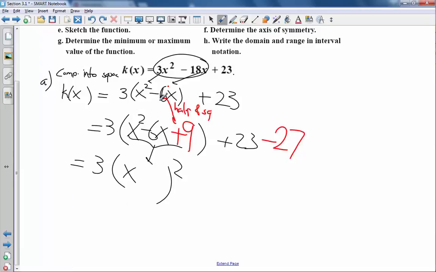Half of this number comes here. Again, verify. When you FOIL it, do you get x squared minus 3x plus 9? Yeah, it does. Well, what happens to this poor guy now? He pays the bill and gets reduced to negative 4.